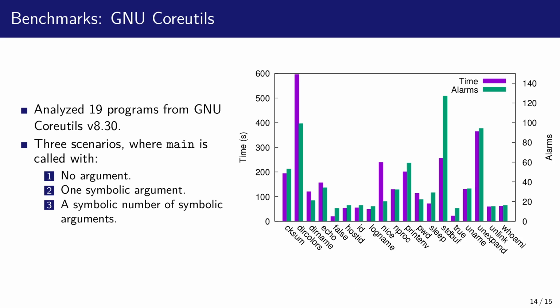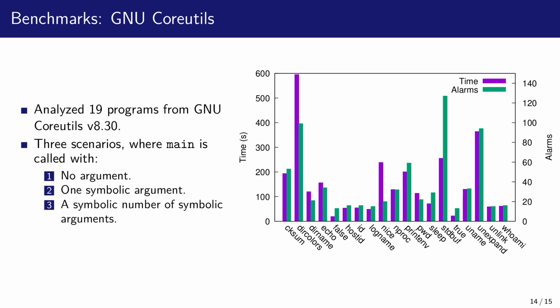And we have also analyzed some programs from the Coreutils package, which is a collection of well-known command line utilities, such as Who Am I, ls, and so on. We have analyzed only 90 programs, and for each program we have tested 3 scenarios. So the first scenario is when calling the program without any command line argument.